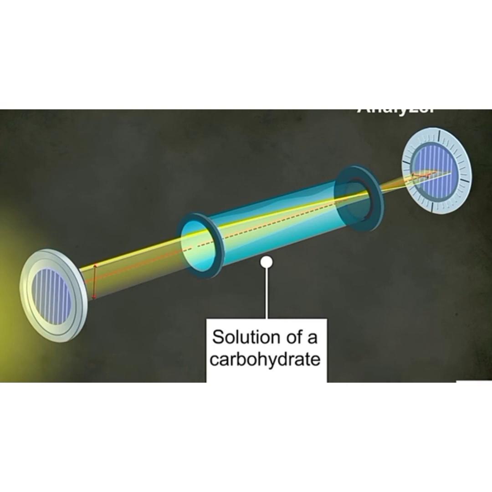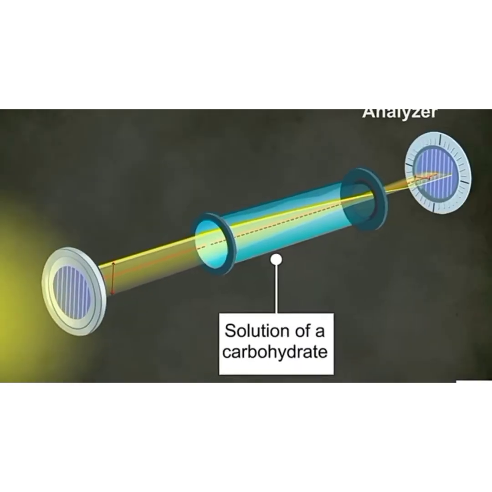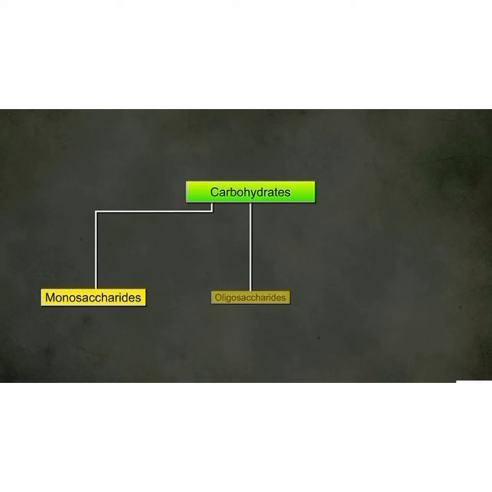Based on these similar characteristics, carbohydrates are defined as the optically active polyhydroxyaldehydes or polyhydroxyketones, or the compounds which give such units on their hydrolysis. Now, based on the products given out during their hydrolysis, carbohydrates can be classified as monosaccharides, oligosaccharides, and polysaccharides. Let us study about these one by one.